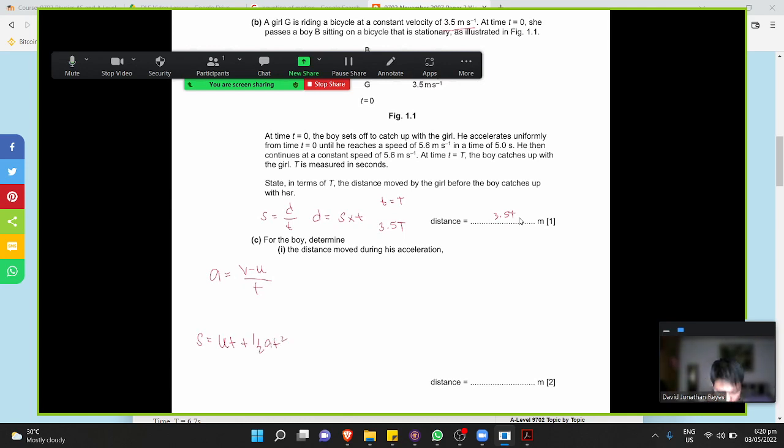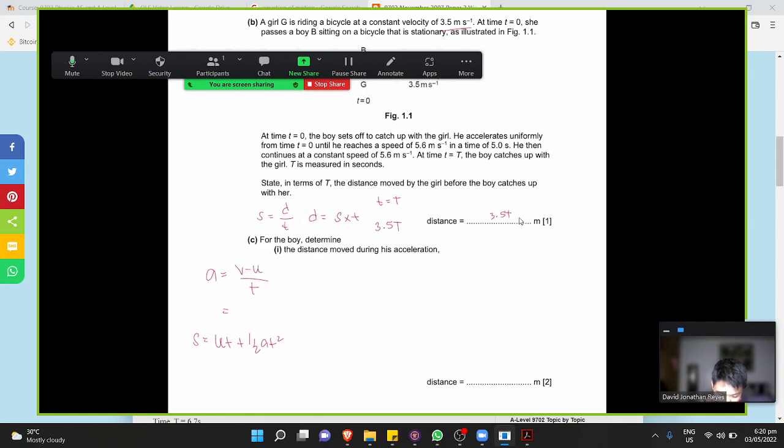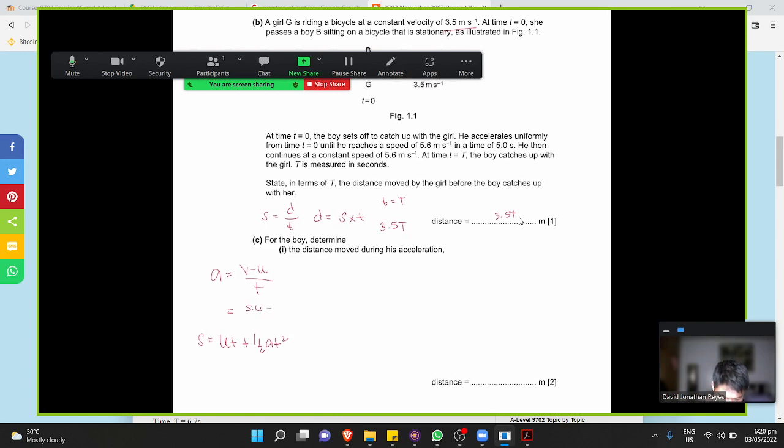Okay, let's solve for the acceleration first. Given this, your initial speed is 0, final is 5.6, so that's 5.6 minus 0 over 5. Let's see what we'll get. 5.6 divided by 5, you'll get 1.12 meters per second squared. Then from here, solve for the distance.